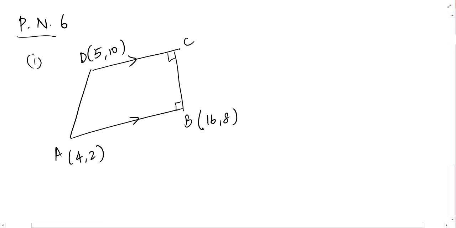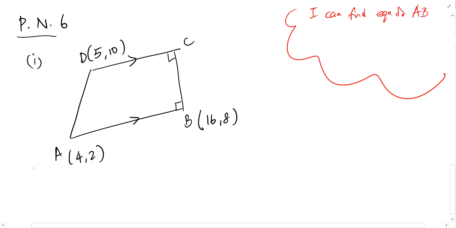Okay, I see that point C is not given to me. I see that I've got A, B over here. The coordinates are given. So in my mind, I know that I can find equation of AB. If I know equation of AB, it means that I know my gradient of AB and my y-intercept of AB. I can find all this.